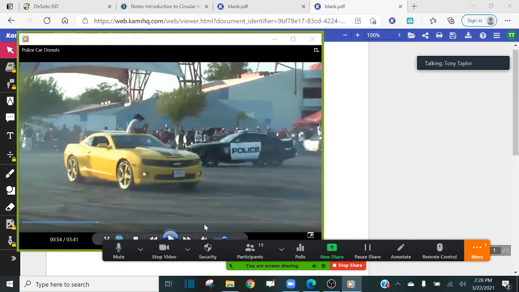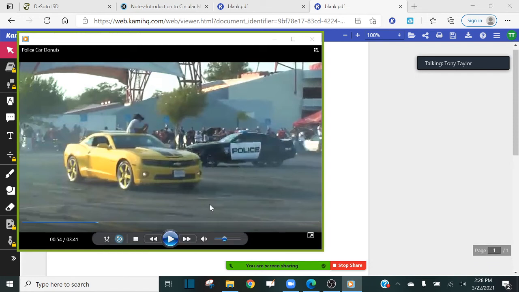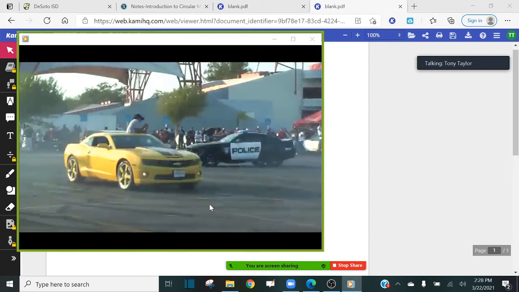Guys, there's only one way you can do a donut. It turns out that the frictional force between the tires and the road, you have to orient your tires in such a way that the frictional force always points toward the center of the circle. If the frictional force isn't pointed toward the center of the circle, the car can't do a donut.